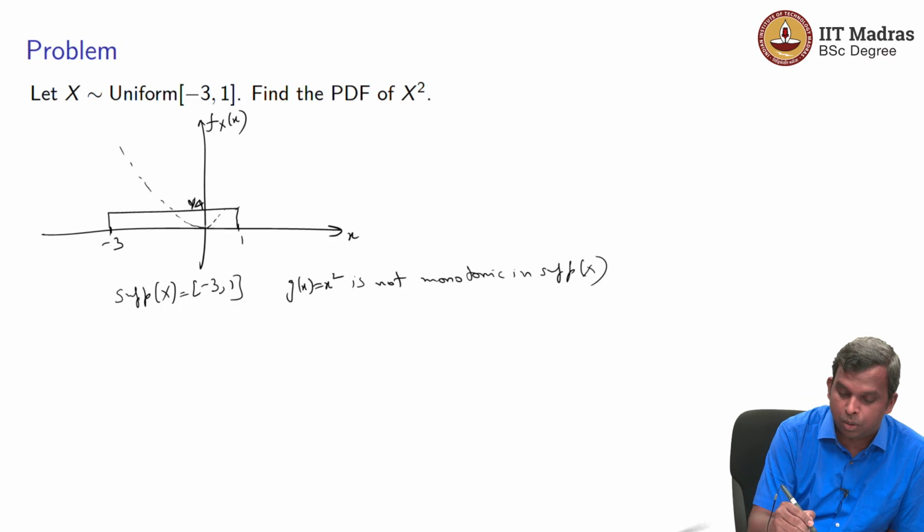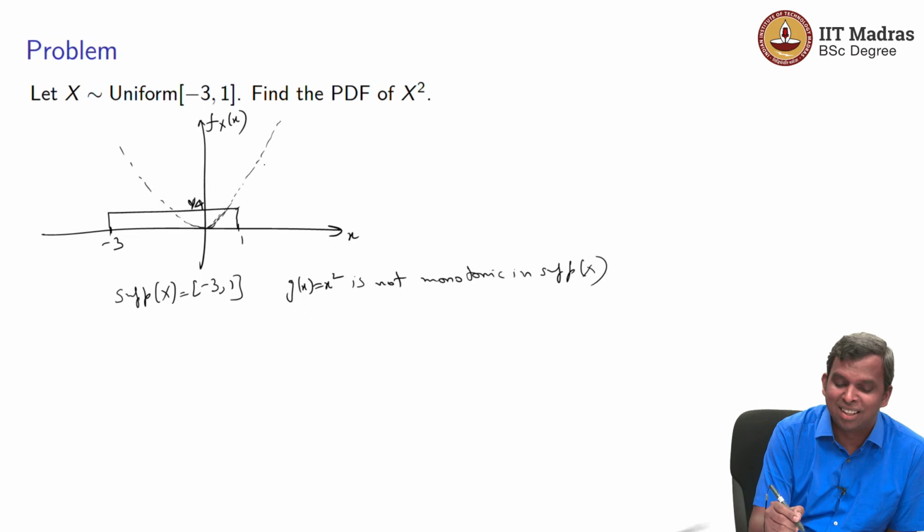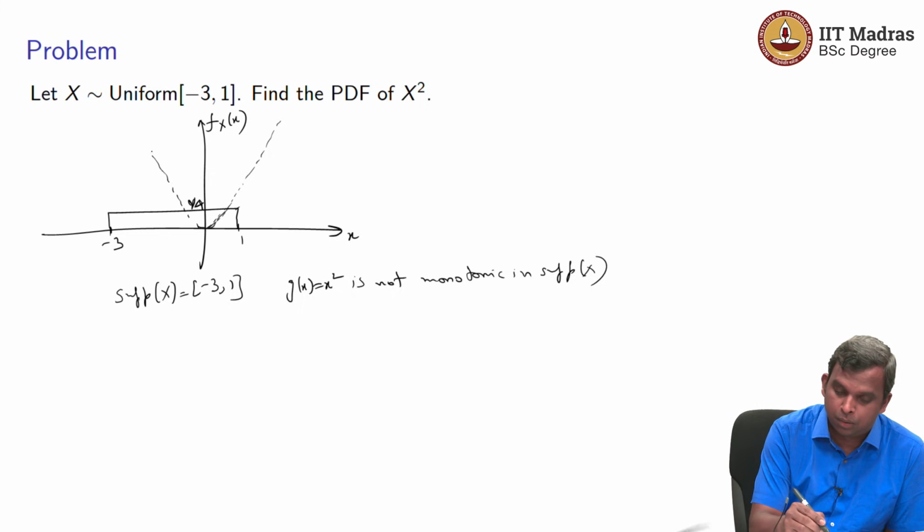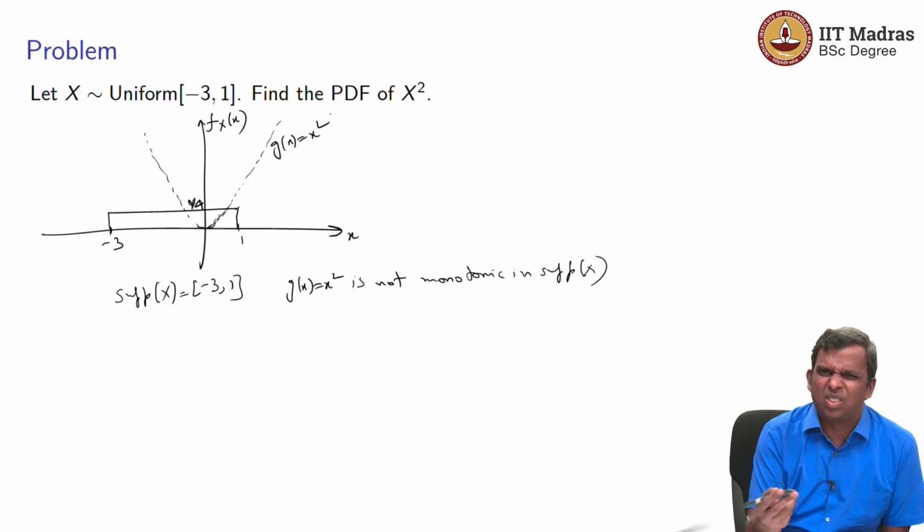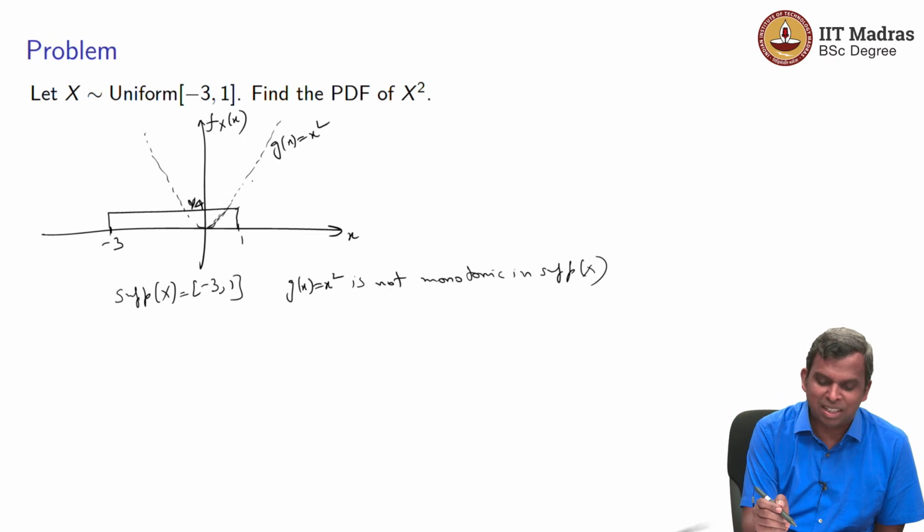I'm not drawing very much to scale, so this is g of x equals x squared. Don't worry about the scale too much.